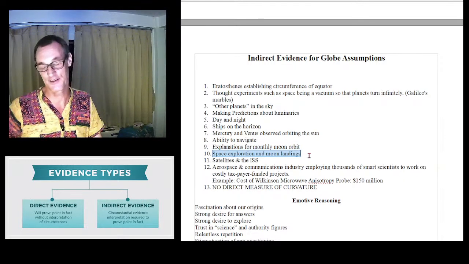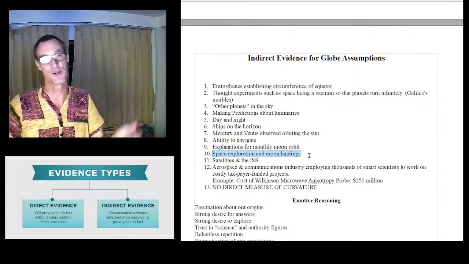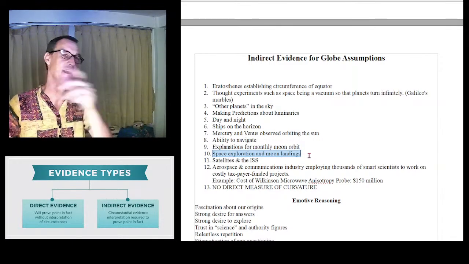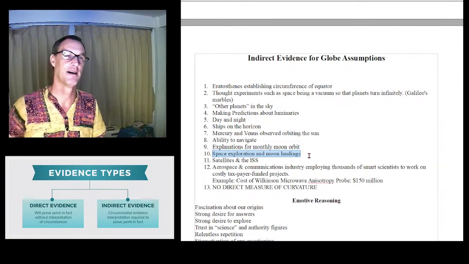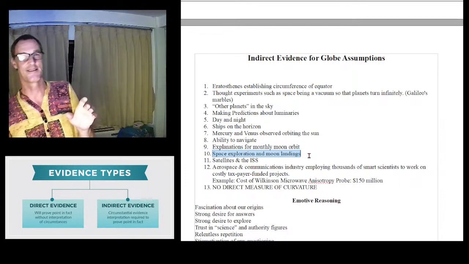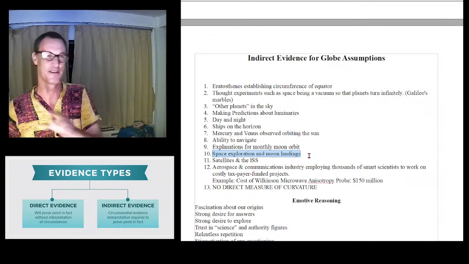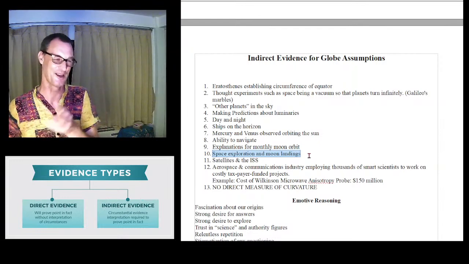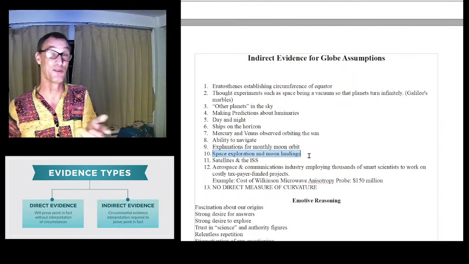Satellites and the ISS, of course, we all understand how satellites are supposed to be working, why they're going fast enough not to get pulled into the Earth as they whiz around it in a vacuum, and so on. And so, again, it's assumed that this word satellite only means something that is orbiting a globe Earth, when you can look it up, and NASA's first satellites were balloons.